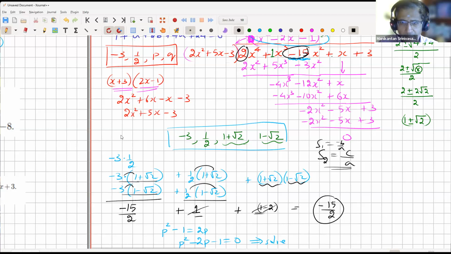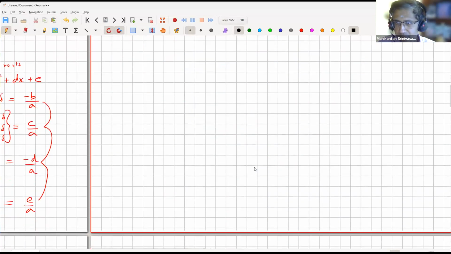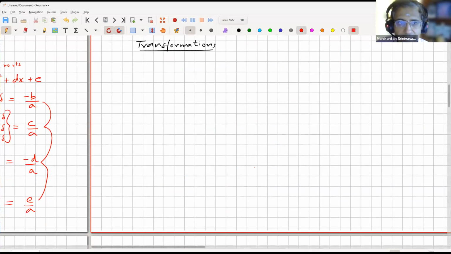Cool. So we did sum of roots, product of roots. Okay, let's go to transformations. That's an important thing. So transformations of functions. There are 3 different types of transformations. The first one is translation, also known as shifting.